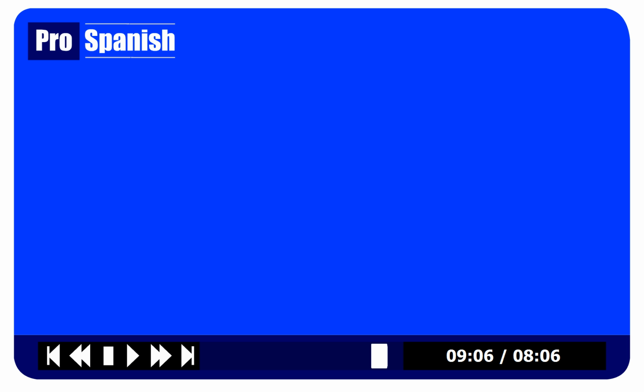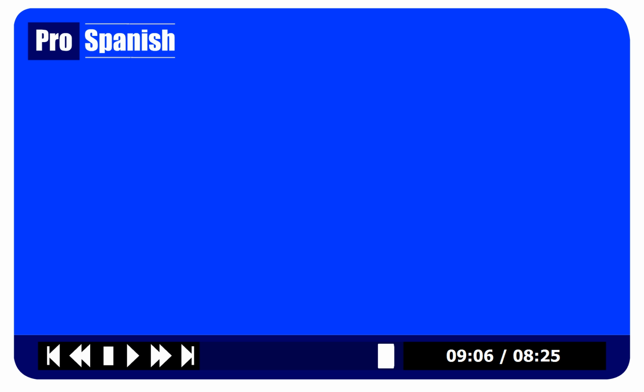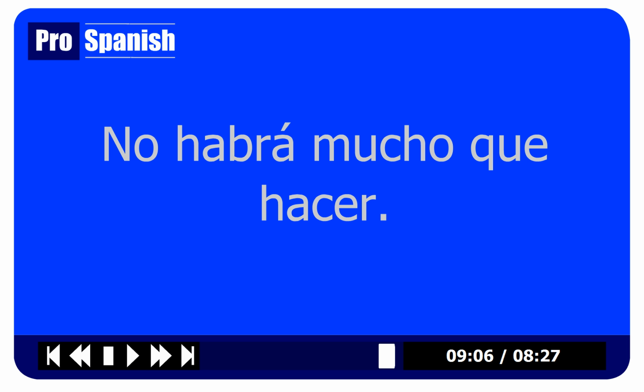How about, there won't be any cars? No habrá coches. How about, there won't be much to do? No habrá mucho que hacer.